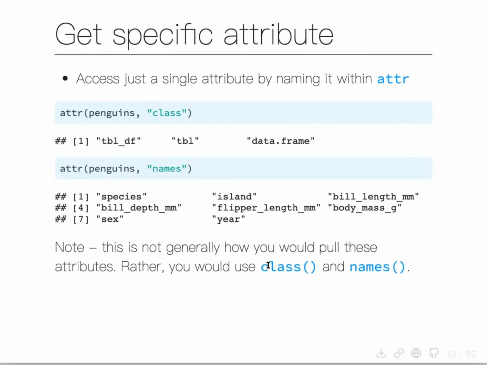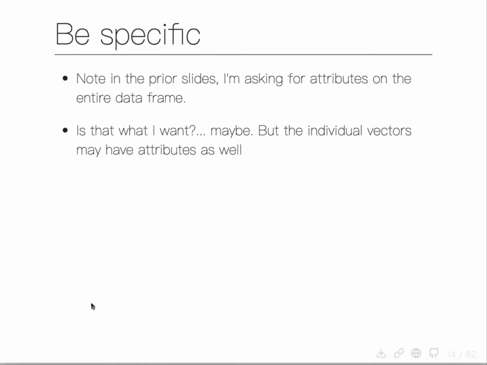All right. So whenever possible, these helper functions are how you would want to access these things. But this is the more general way that you can access any attribute within any object that has attributes.